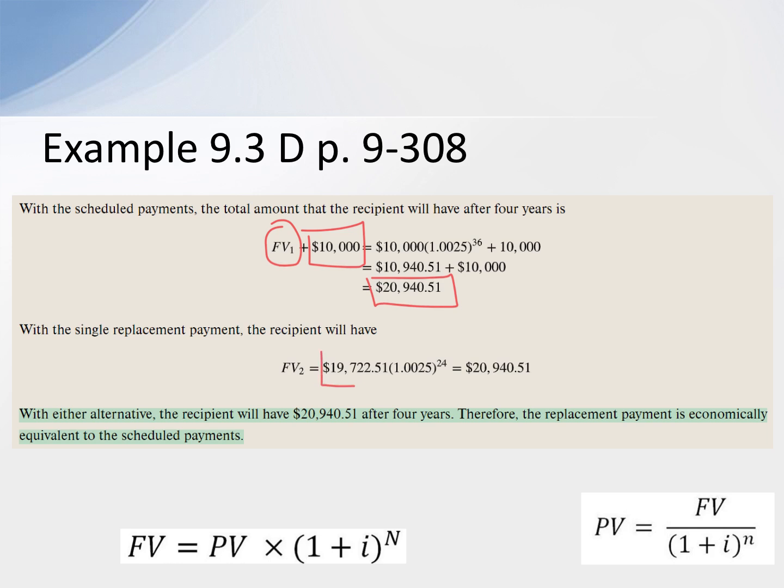If we take that full equivalent amount that we calculated of $19,722.51, and we move that entire amount 4 years later, we see that we have an identical amount of $20,940.51. Therefore, the replacement payment is economically equivalent to the scheduled payments. So the recipient should not care in which way he is paid.